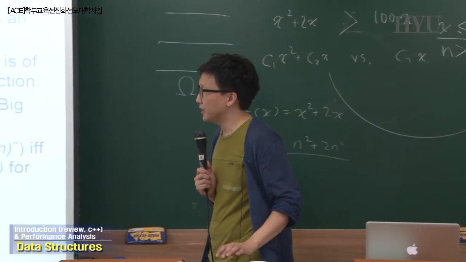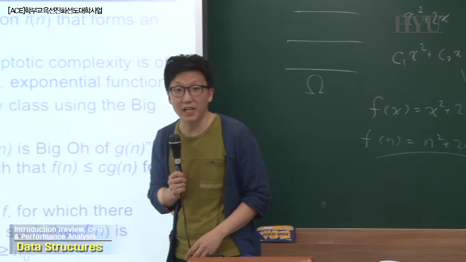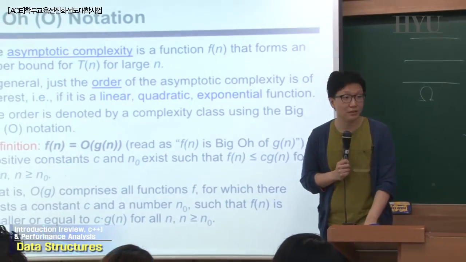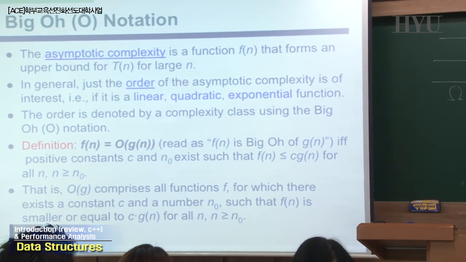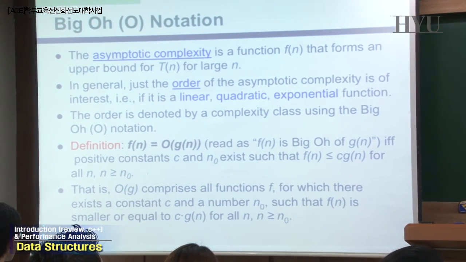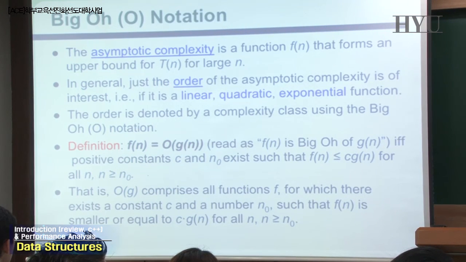F(n) is equal to big O of G(n), some other function. Read as F(n) is big O of G(n) if and only if, it can go the other way around too. I will explain.